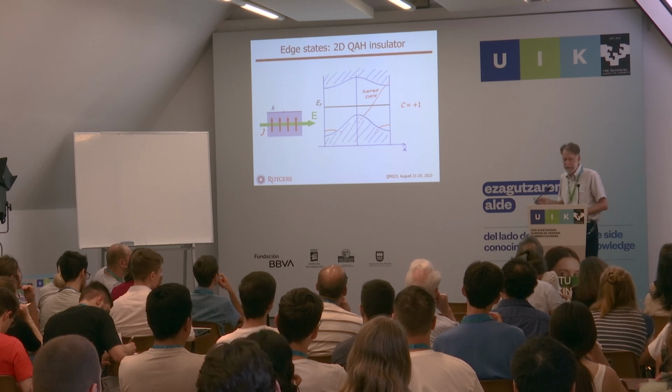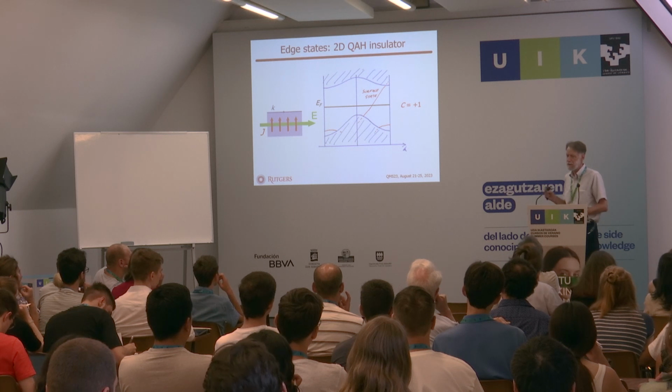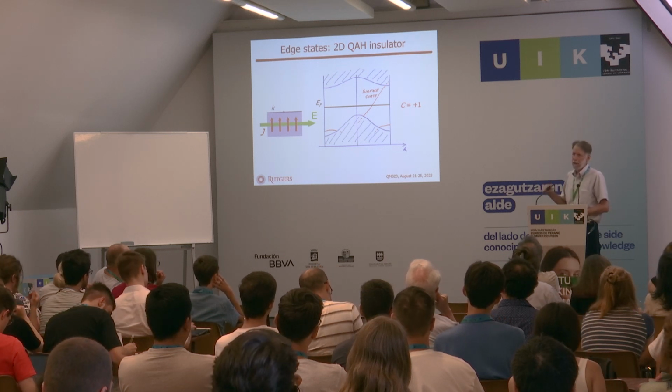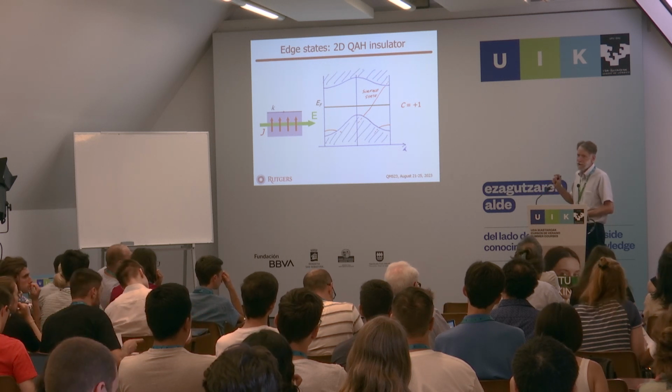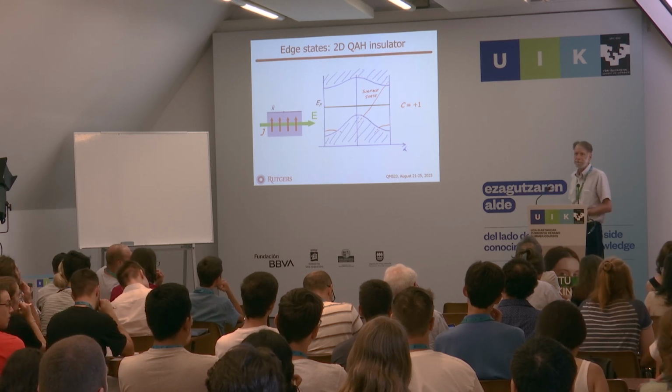So there are a lot of technical problems with finding examples. But yes, basically you just want strong spin-orbit coupling that opens a large gap with the kind of band inversion that is needed in order to get a topological state.